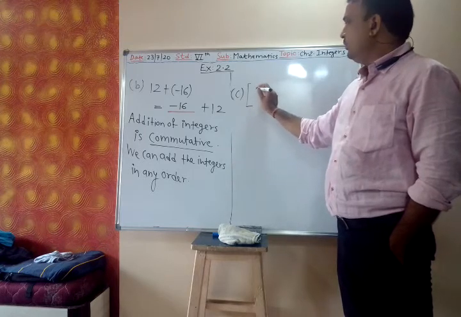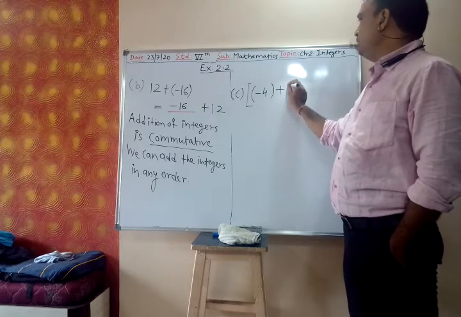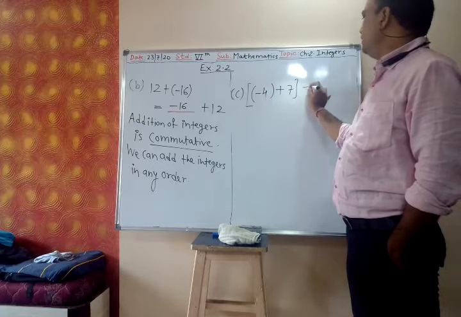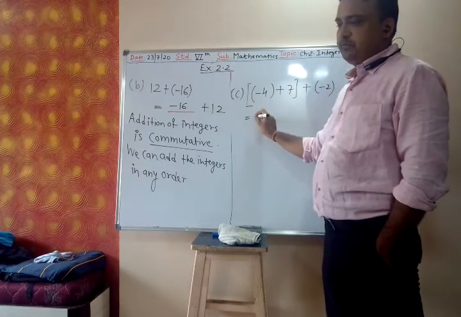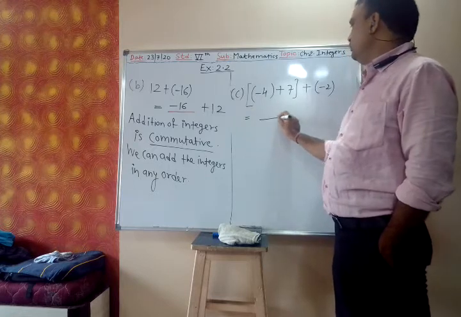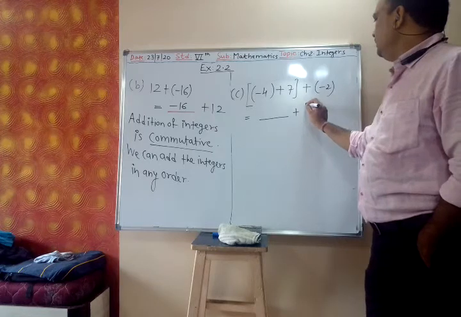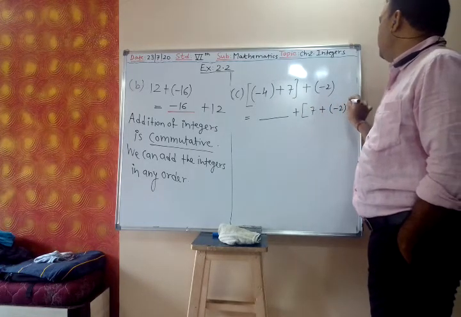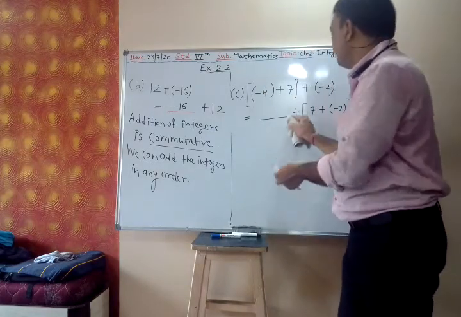Now minus 4 plus 7, in bracket, plus minus 2, is equal to plus bigger bracket, 7 plus minus 2. Which number do we have to write in place of this?